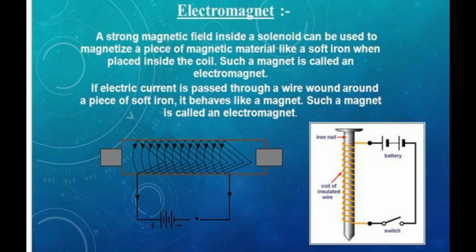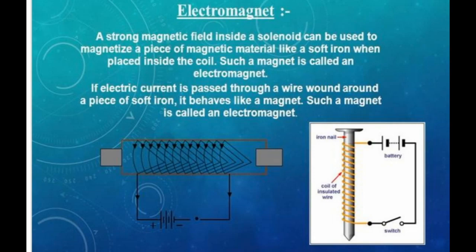The second property is that the strength of the magnetic field of an electromagnet can be easily changed by changing the strength of the current in the coil or the number of turns in the solenoid. In a permanent magnet, whatever magnetic field it has is going to be the same.